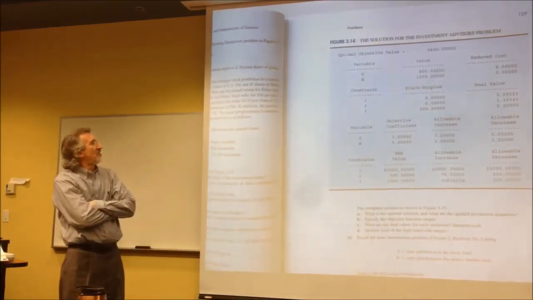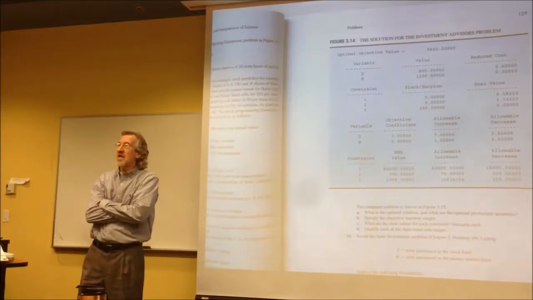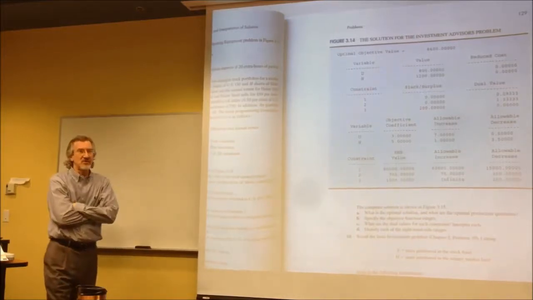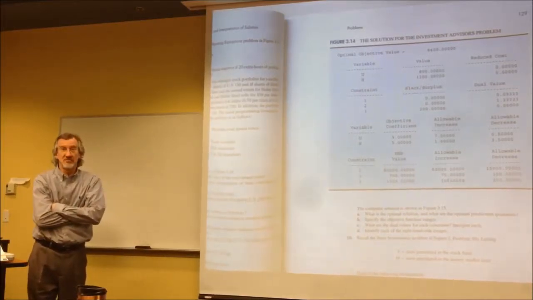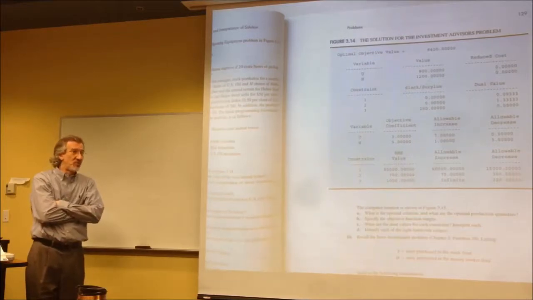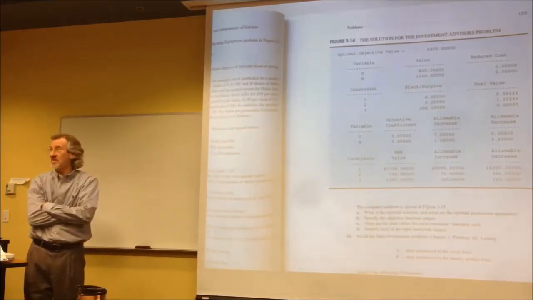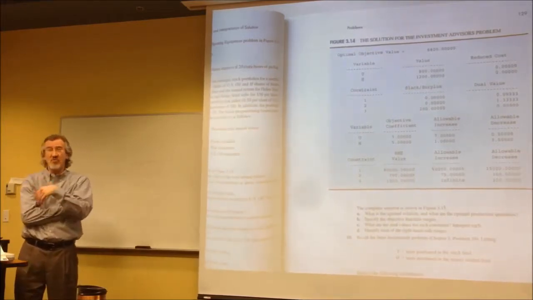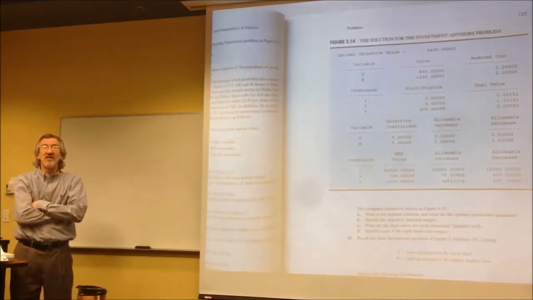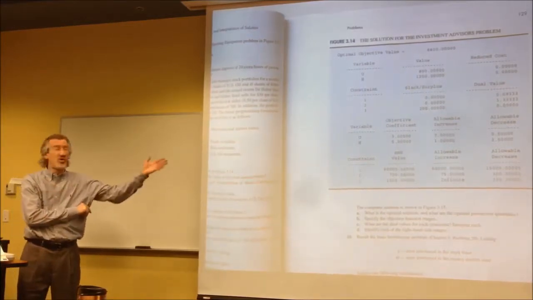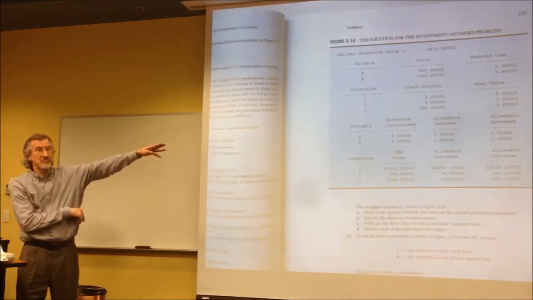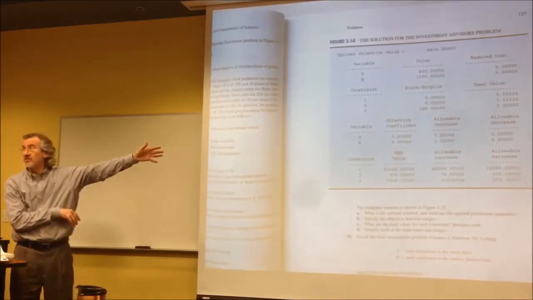Now, the dual values, I want to make sure you understand there's another name for those dual values called shadow price. So if you see shadow price in the PowerPoint, and I think the book mentions shadow price, I want to make sure you realize we're really talking about the dual value, which I call dual price.